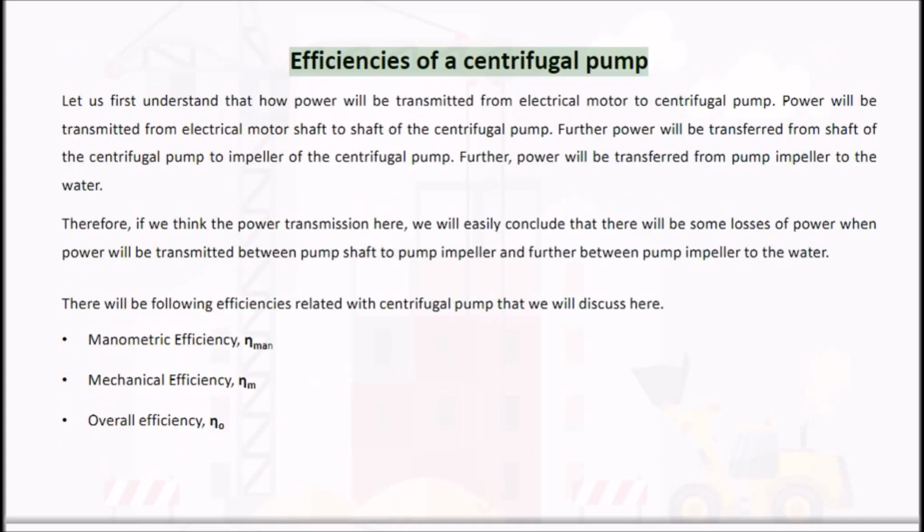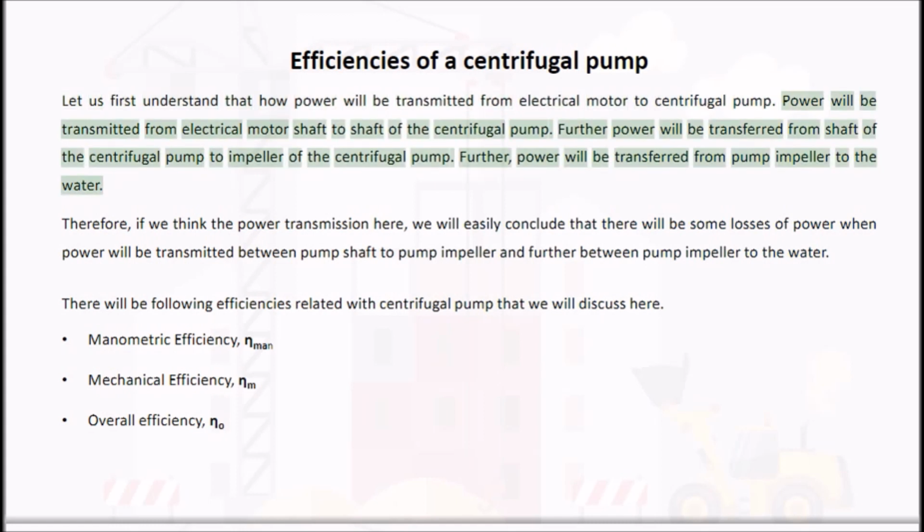Efficiencies of a centrifugal pump. Let us first understand how power will be transmitted from the electrical motor to the centrifugal pump. Power will be transmitted from the electrical motor shaft to the shaft of the centrifugal pump. Further, power will be transferred from the shaft of the centrifugal pump to the impeller of the centrifugal pump.